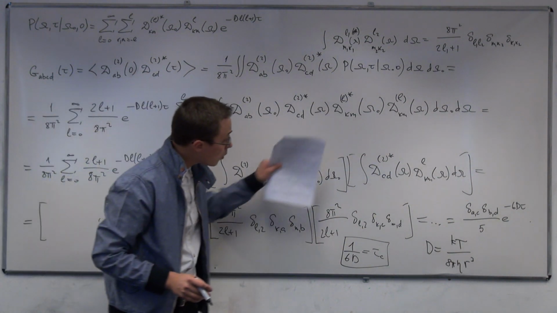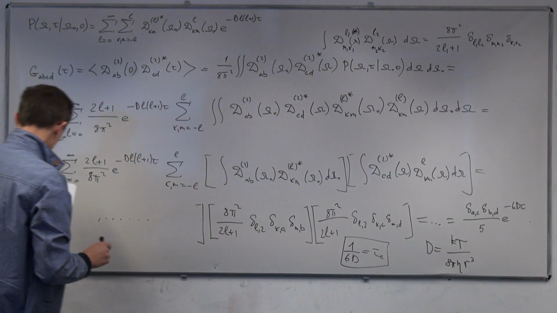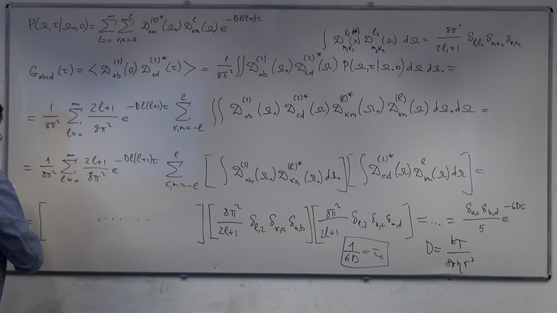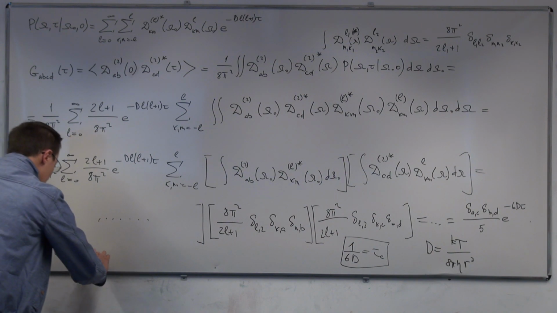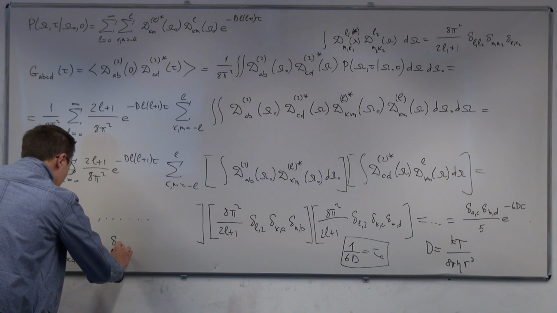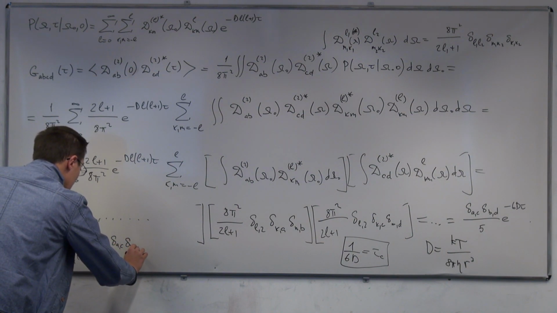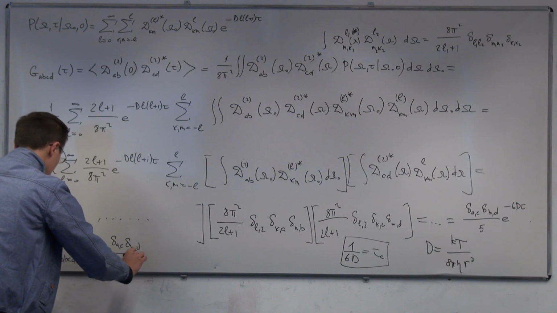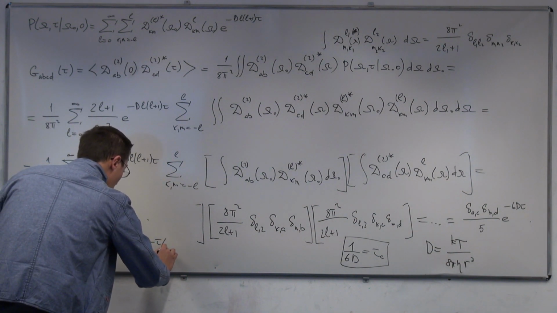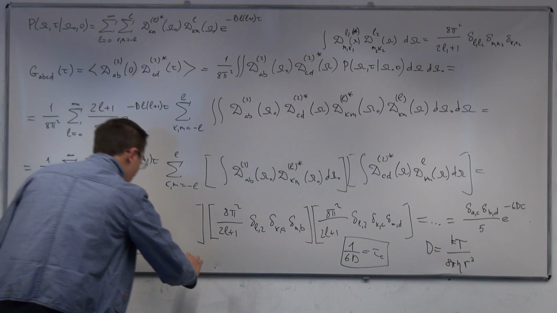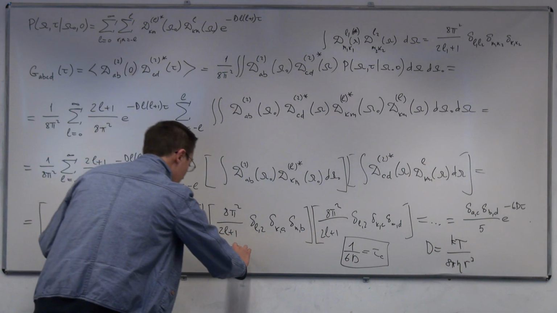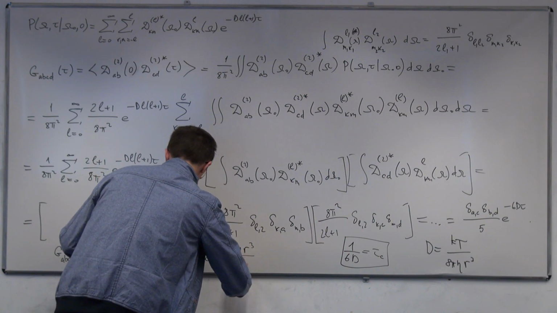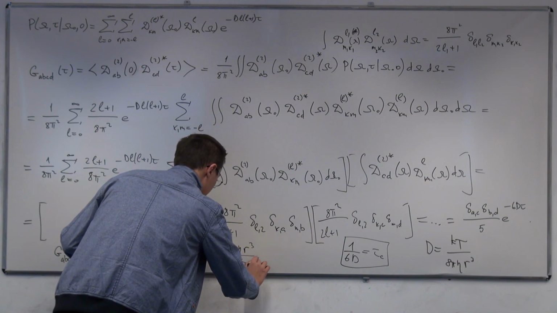And so once we make all those replacements, what we get is the following. We get our G_ABCD of τ becomes δ_AC δ_BD over 5, e^(−τ/τ_c), where τ_c is 4π η r³ divided by 3kT.